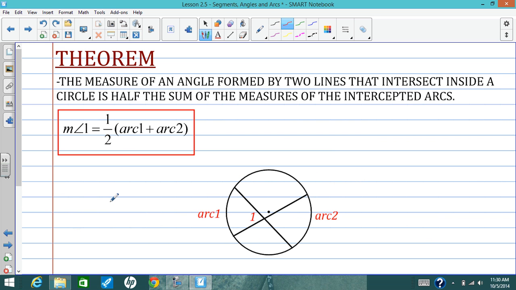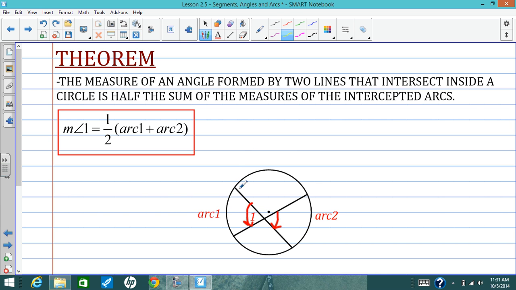If we have two segments that meet, or two lines that meet and intersect inside a circle, like this example, then we actually have 4 angles that are formed. And for any one of those angles, this relationship exists. So this angle 1, which is also congruent to this angle because they're vertical, that measure is going to be equal to the sum of these two arcs formed.